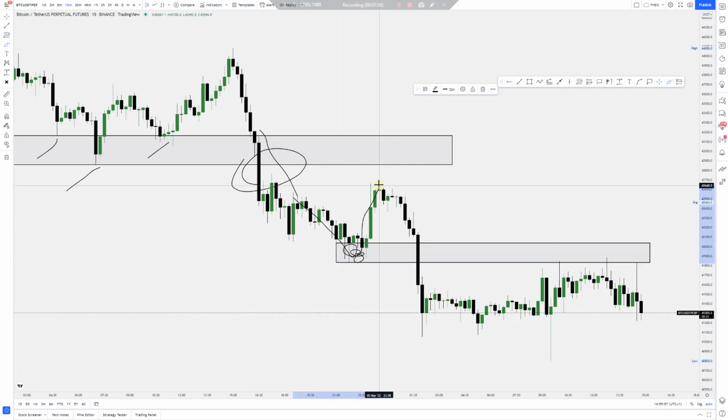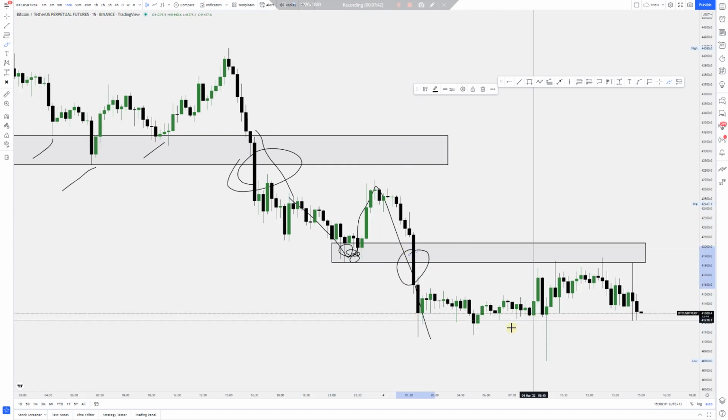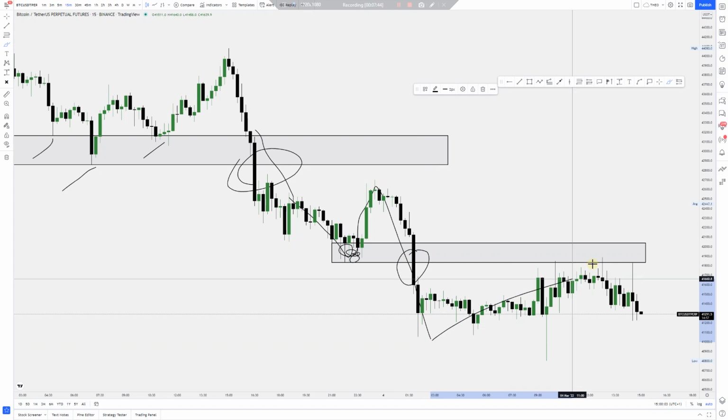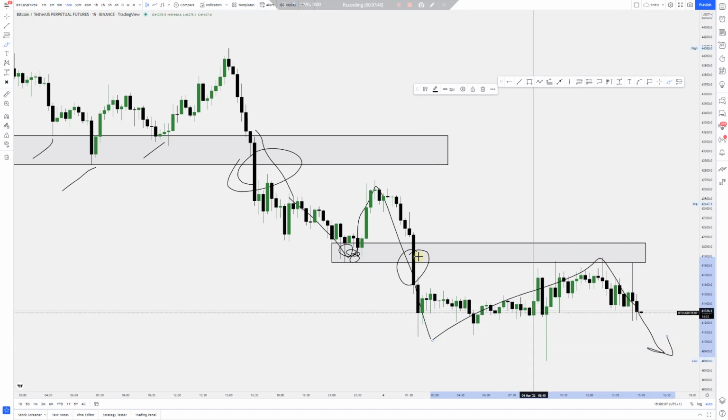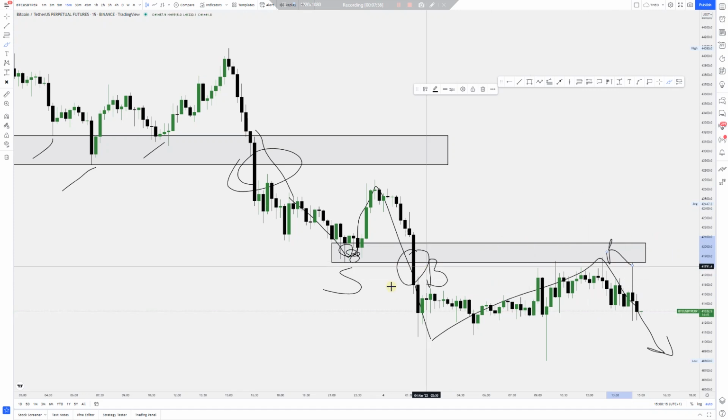We went higher, then we broke out. Then we came to find resistance at this region for more continued selling opportunity. You can see this is support, this is breakout, and this is resistance. So that is what a retest is about. And you can see this is also BRE: break, retest, and we get an entry right there.